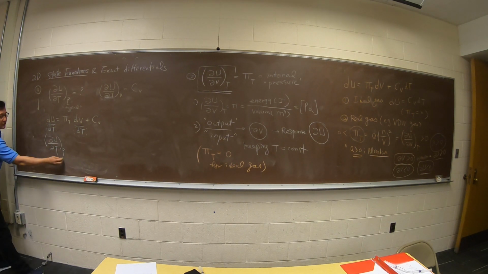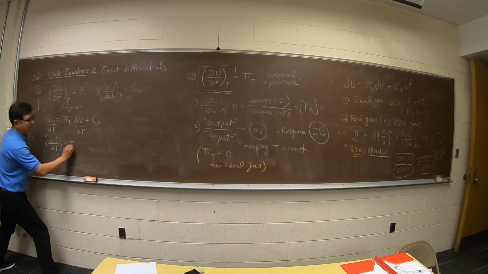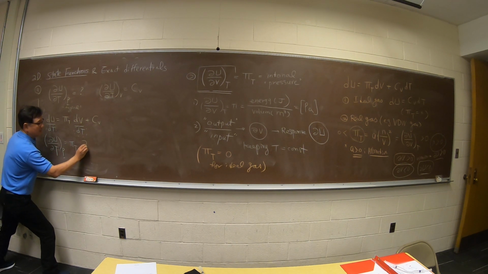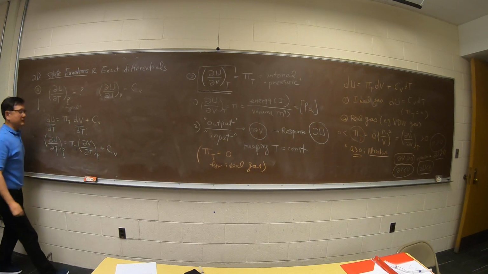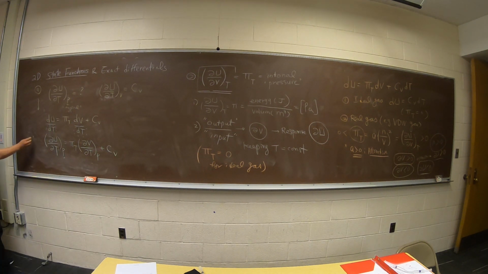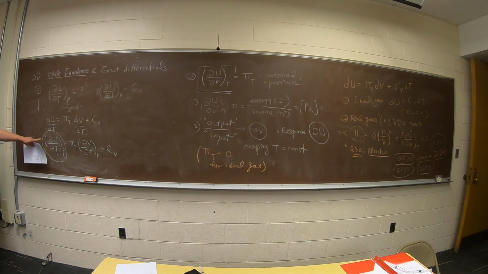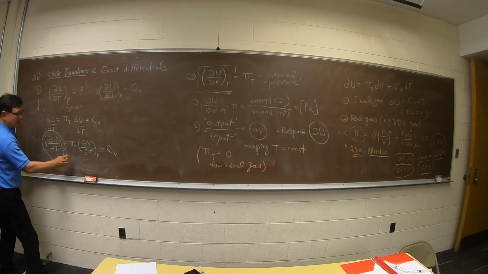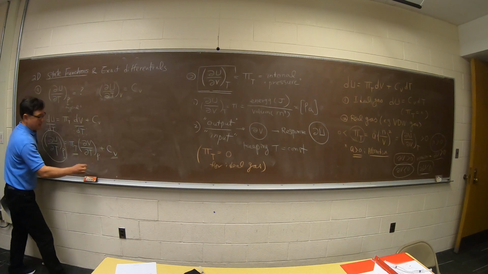So now I'm going to put an additional constraint here, and then this one becomes π_T, volume change over temperature change at constant pressure. So this equation becomes like this. Something that probably we want to know: under constant pressure, when you change the temperature, what is the internal energy change? Now, this is something that I can measure. This is something that I can measure.